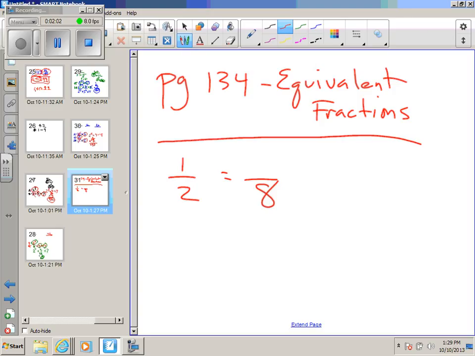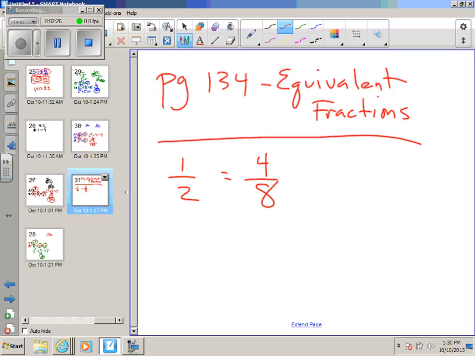Okay. So if I were to say, all right, I still want to eat half that pizza, but instead of eating one big piece, I'd rather what, Willie? How many of the 8 would I have to eat for half? 4. Those are equivalent fractions.